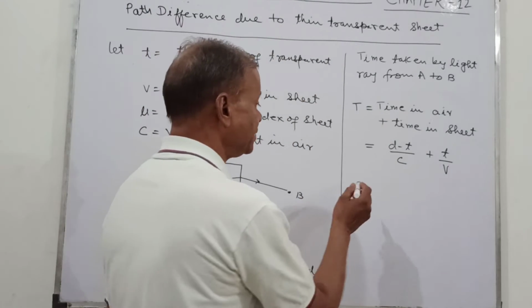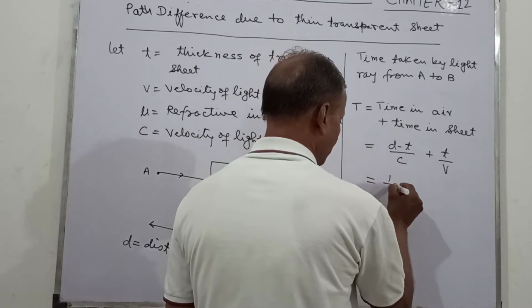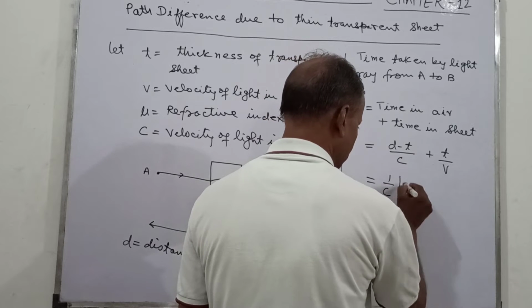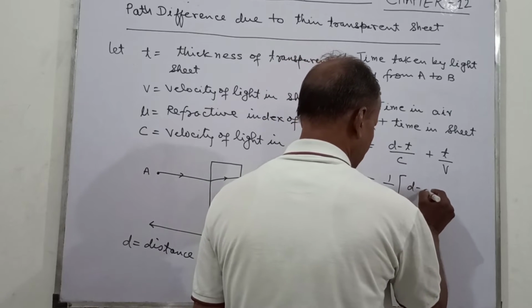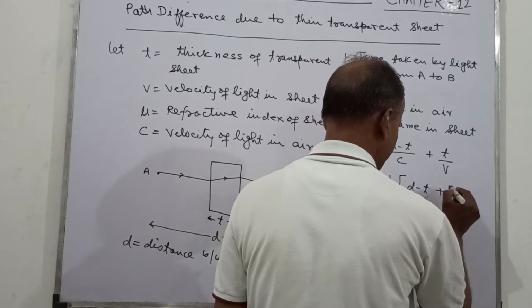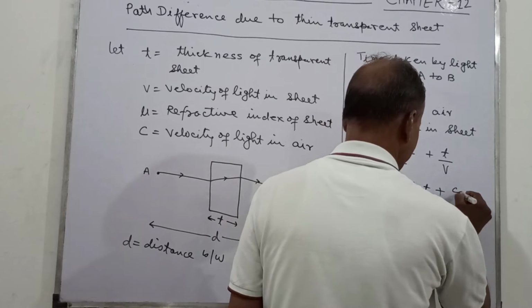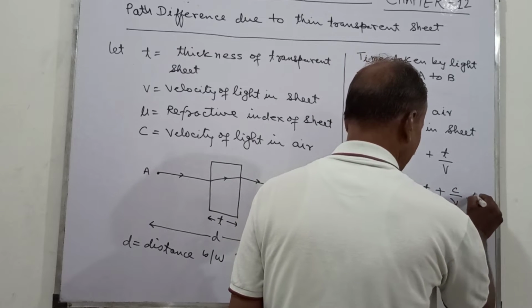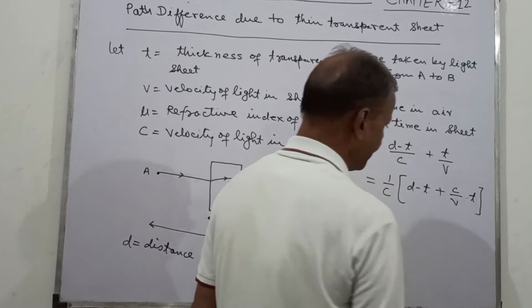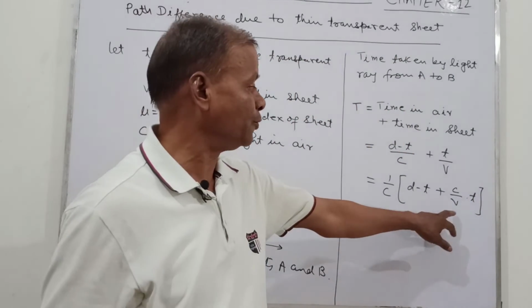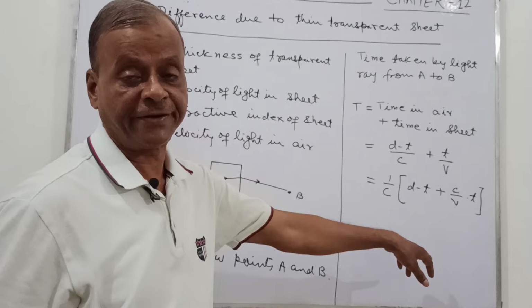So now we will take 1 upon C common. This is 1 upon C into D minus T plus C upon V into T. This C upon V is the refractive index.